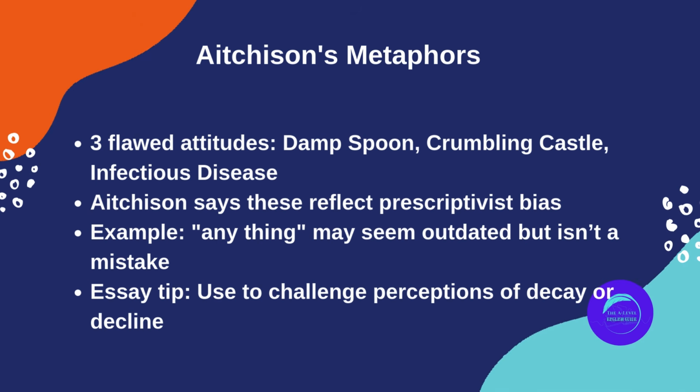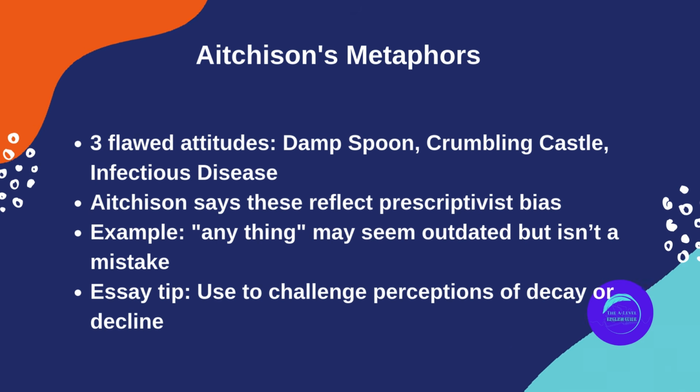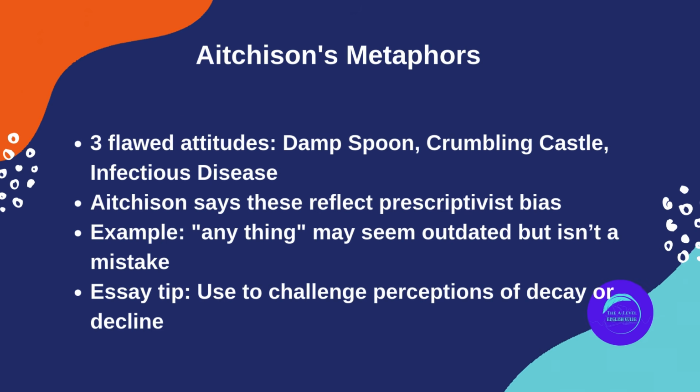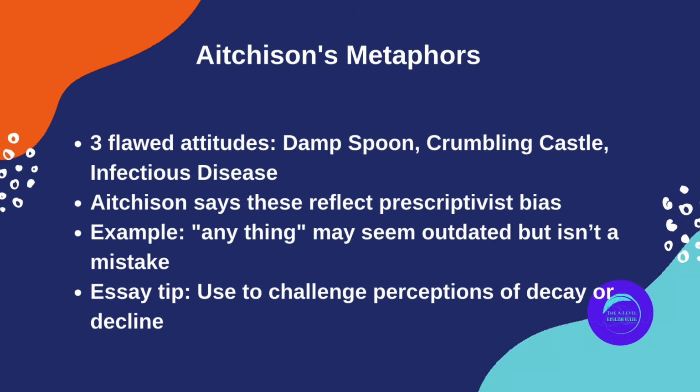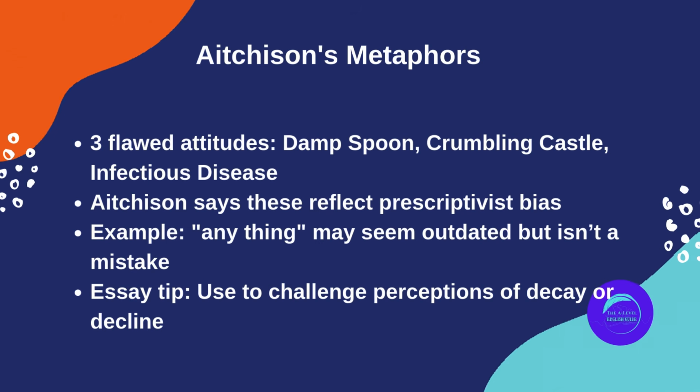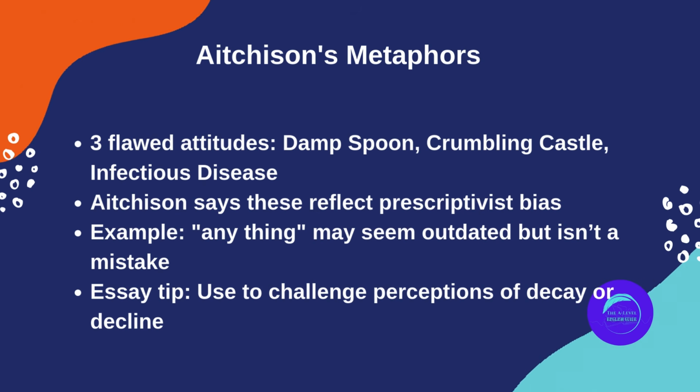She identifies 3 flawed ways people often talk about language change. The damp spoon view says change is due to laziness. The crumbling castle says English used to be perfect, but is now falling apart. The infectious disease metaphor compares change to a virus. Aitchison disagrees with all 3. She argues that change is natural and inevitable.